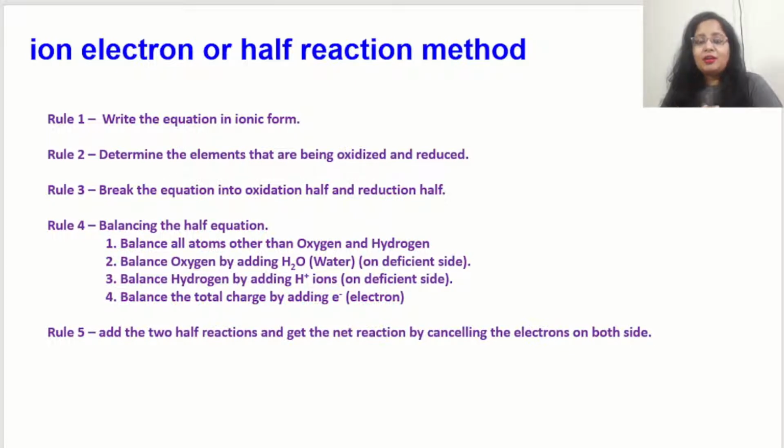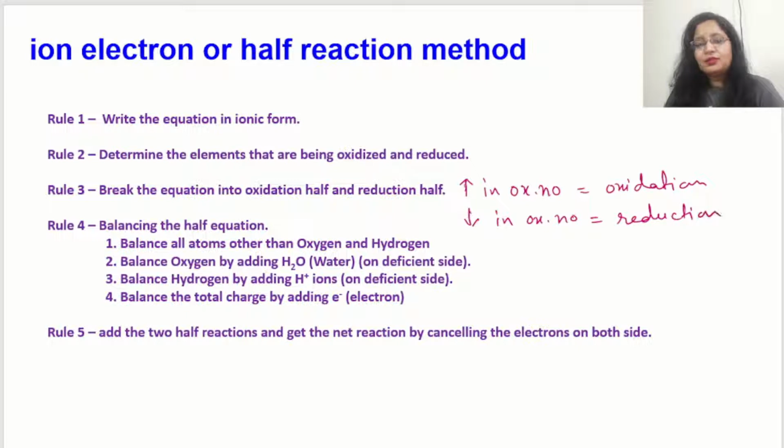If the oxidation number increases, then it is oxidation, and if the oxidation number decreases, then it is reduction. So I can write: increase in oxidation number means oxidation, and decrease in oxidation number means reduction. From this trick we will identify which element is oxidizing and which element is reducing.